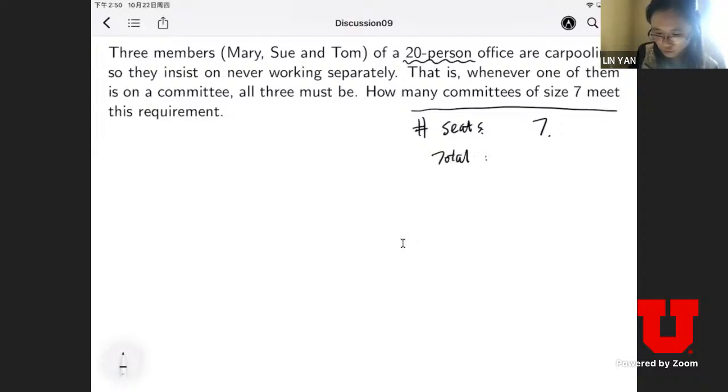So we can choose 7 seats from 20 persons. And also we have a constraint: the 3 members, Mary, Sue, and Tom, must be together.